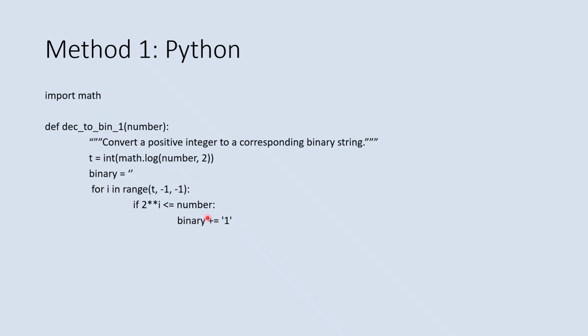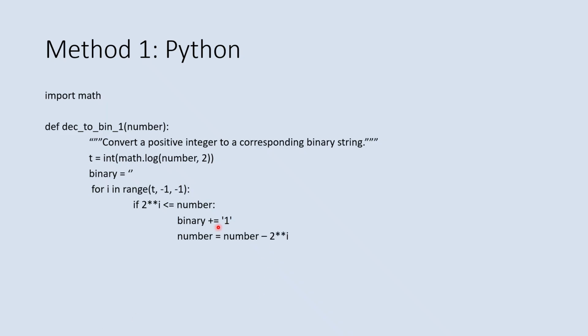And so we're going to append that 1 to the end of binary. Now we know at the very first value, that value t, we are going to append the 1 because we calculated t and it corresponds to the biggest power. So we will have a 1 as the first entry.